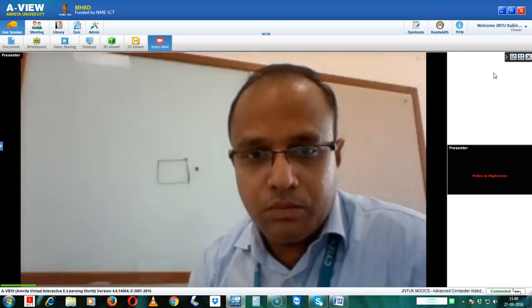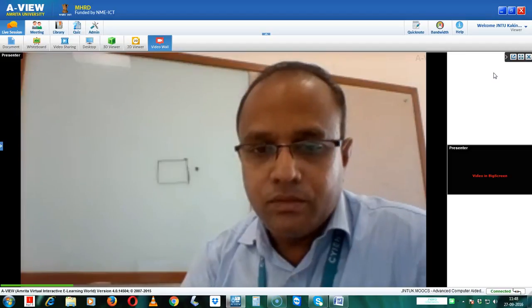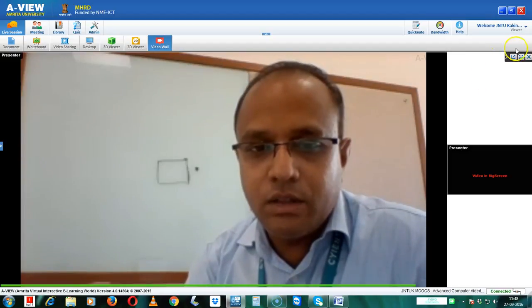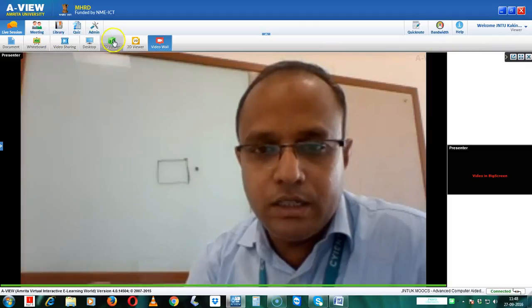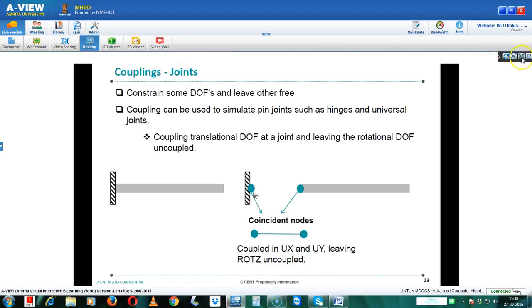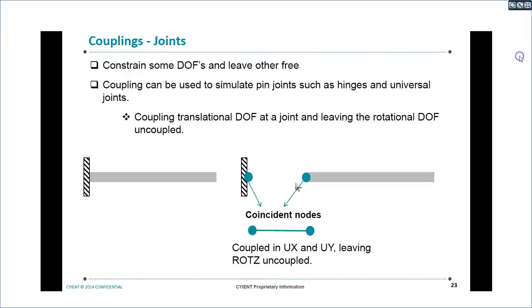We can see one example. Let us take this example. This is called a spin joint. Here we need to give a coupling between these two things. Once you give this coupling, you need to constrain this node. In this condition, we need to ensure that this node is the master node.